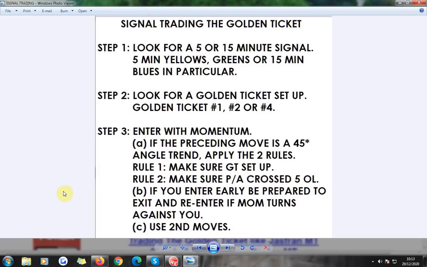You just get out and take a small hit if you have to, and then re-enter when that move is ready to go. And obviously the use of second moves is really good on days where it's more rangy than strong trends.